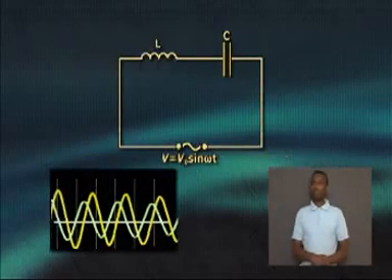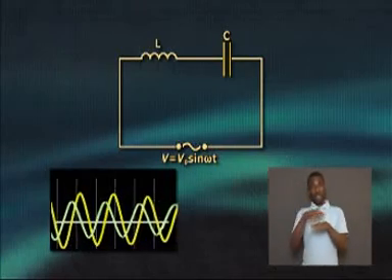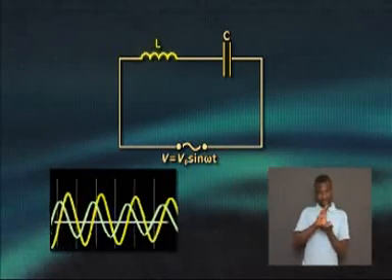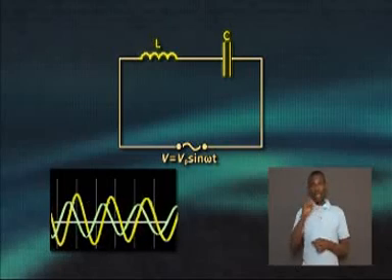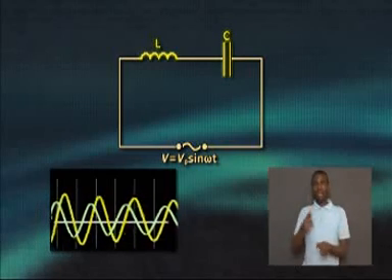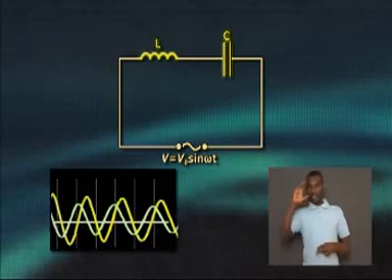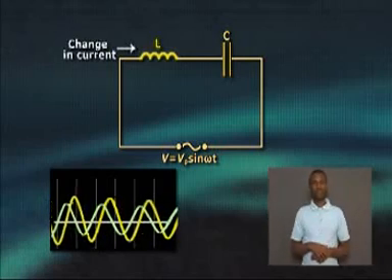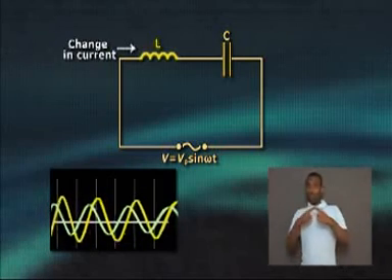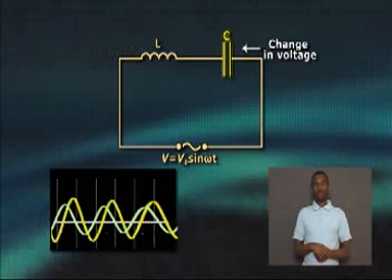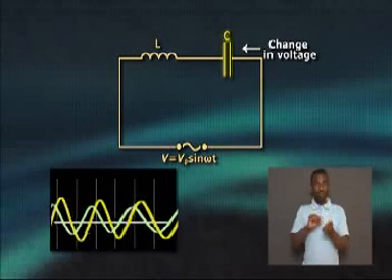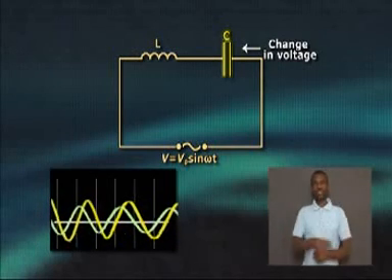In this image, we have a circuit with an inductor and a capacitor called an LC circuit. The former opposes change in current, while the latter opposes change in voltage.